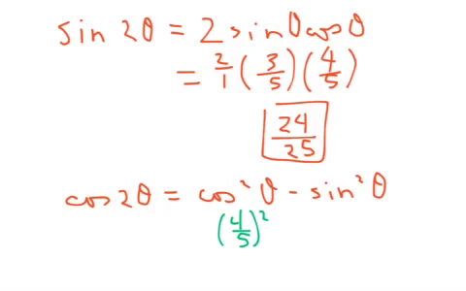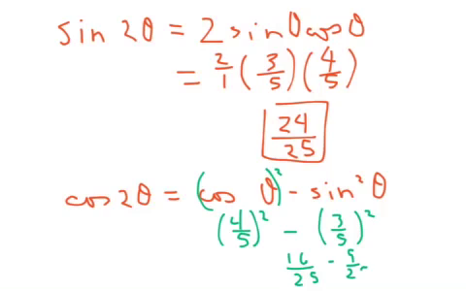Remember, technically, the square really goes there. So it's really this. Minus sine squared of theta, which is 3/5 squared. And we're going to subtract 16 over 25 minus 9 over 25, which equals 7 over 25. And you're done with that.